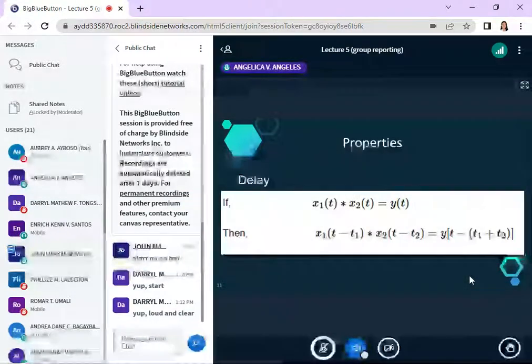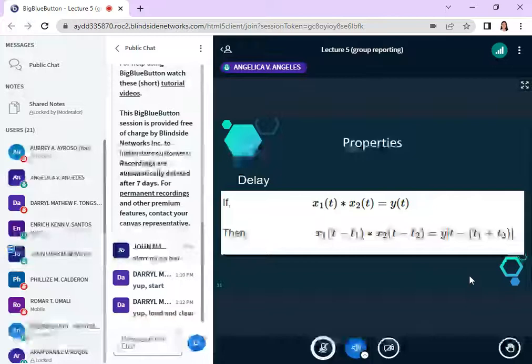So to understand this property, let's take two signals, let's say x sub 1 t and x sub 2 t. After convoluting x sub 1 t and x sub 2 t, we have the resultant signal, y t. Now, we will provide the time delay of t1 to signal x sub 1 t and the time delay of t2 to signal x sub 2 t.